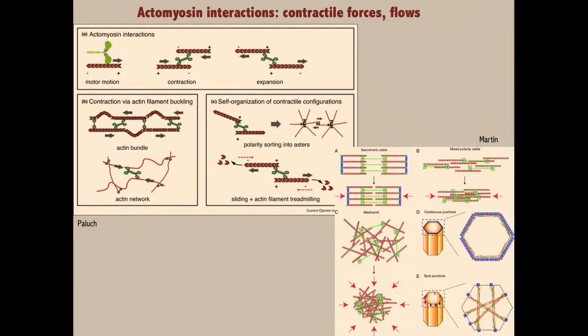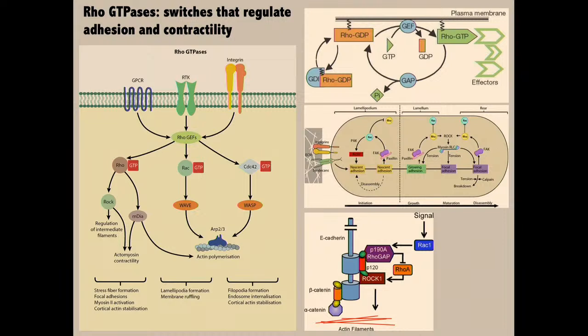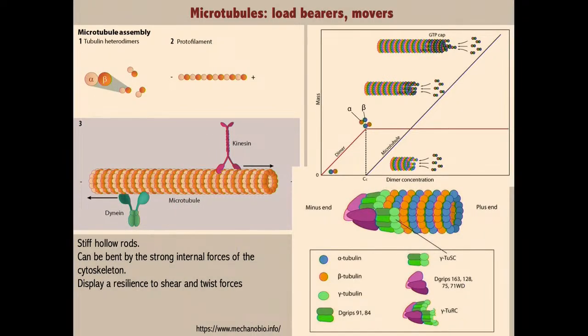And the way in which multiple filaments are cross-linked can also give you differences in the magnitude of force and whether that force is isotropic, anisotropic, etc. So these are the actin cytoskeleton modules. And then you have switches that can turn on contractility or promote actin dynamics, or turn off these processes. So there are switches that regulate them.